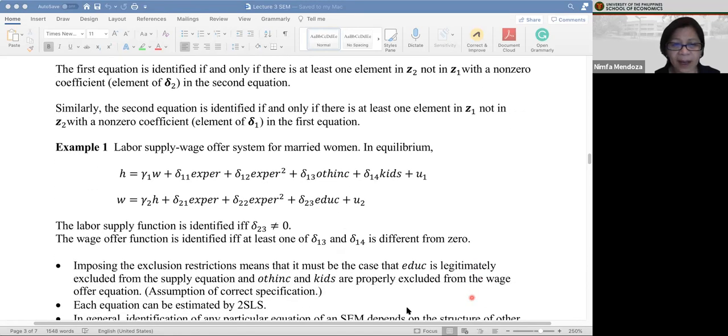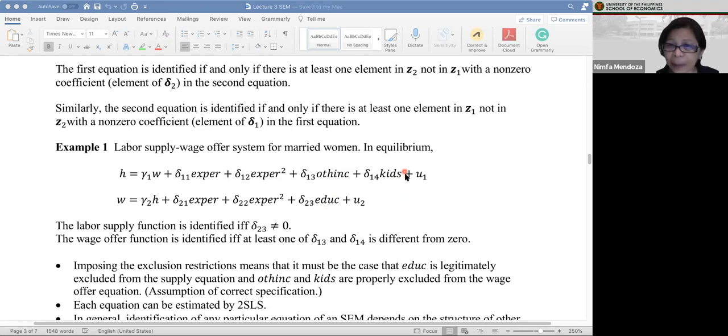Imposing the exclusion restriction means that it must be the case that education is legitimately excluded from the supply equation. Okay, this is the supply equation. So it must be that education is legitimately excluded.